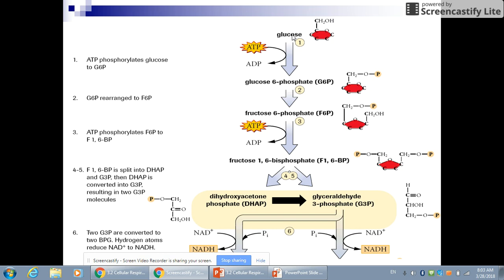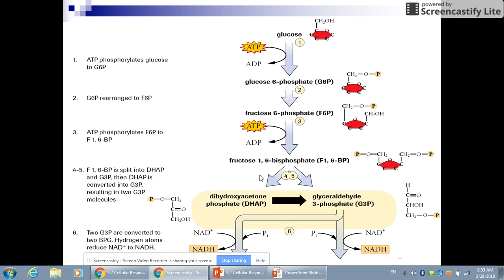So we start with glucose. And you can see the structure of glucose here. Obviously, you should be able to draw the structure of glucose, but any of these other structures, I wouldn't really ask you to draw them out. It is nice to have them here in the PowerPoint because it gives you an idea of what's going on, but I don't expect you to memorize the structures of these.